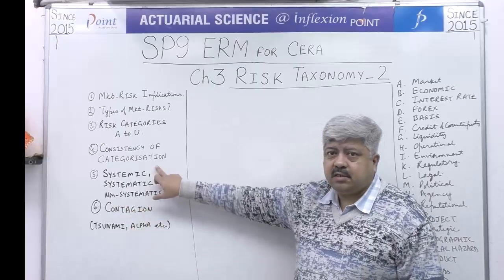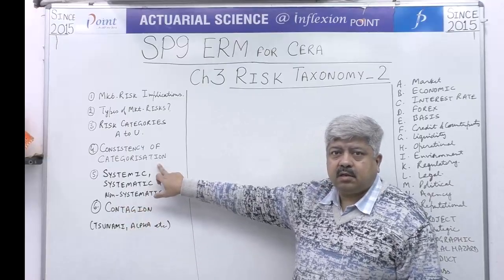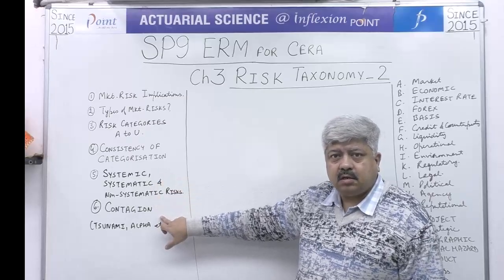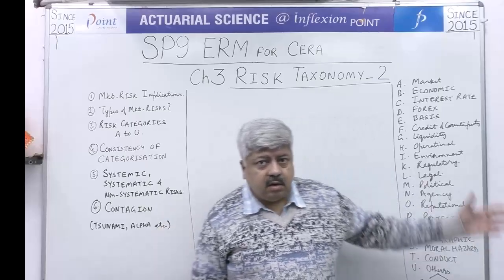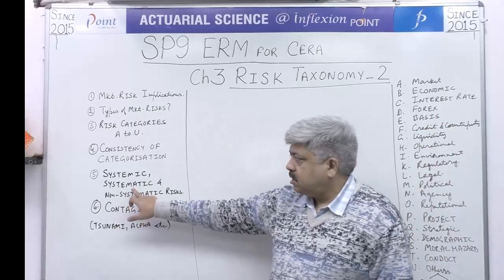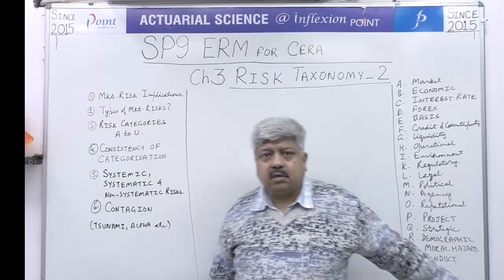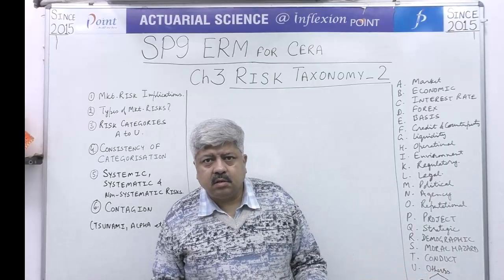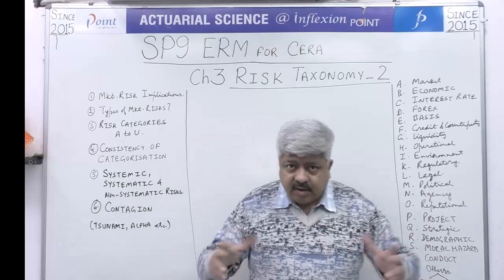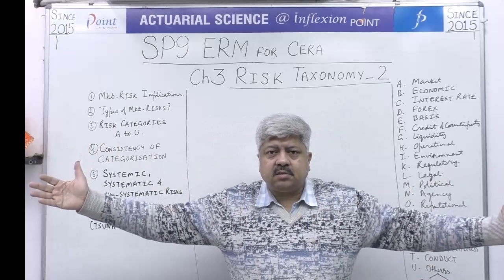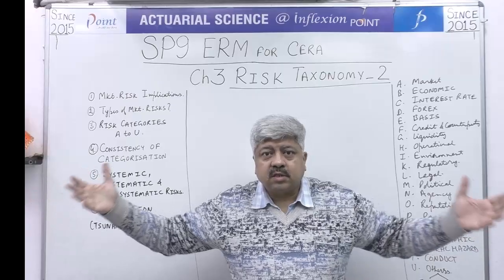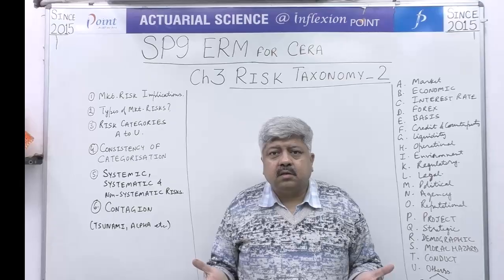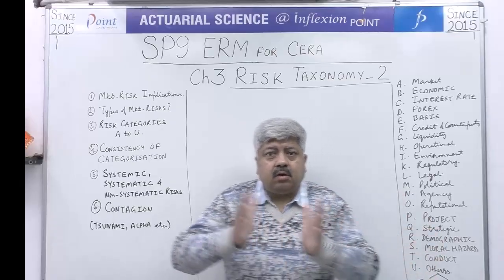This is nature, by nature. Systematic, non-systematic. This is categorization of risk again. So any of this can be systematic or non-systematic. Categorization may be based on nature. Similarly, you have another categorization: small risk, large risk, size. Similarly, you may have other categorization: insurable risk and non-insurable risk.